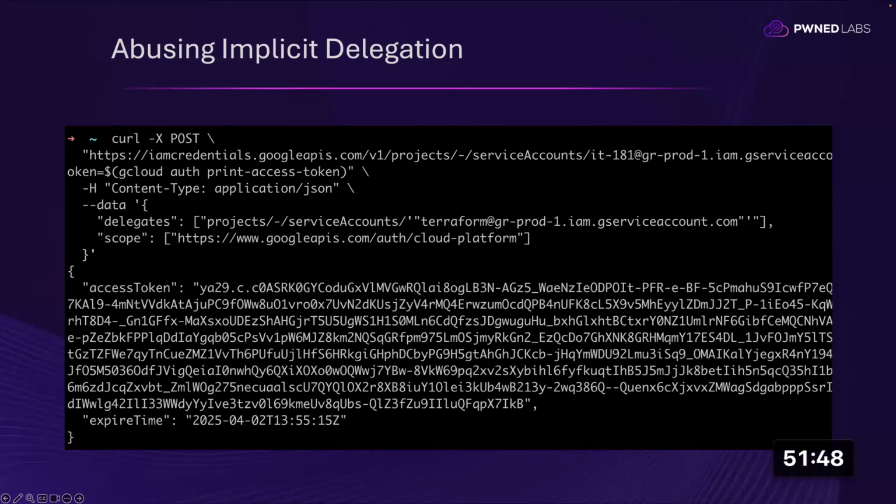And if we wanted to abuse that, we see here we're sending a POST request to the iamcredentials.googleapis.com API endpoint with this path here, v1 projects service accounts, and then the name of the service account. It's actually a different one. Anyway, I'll update that image later.